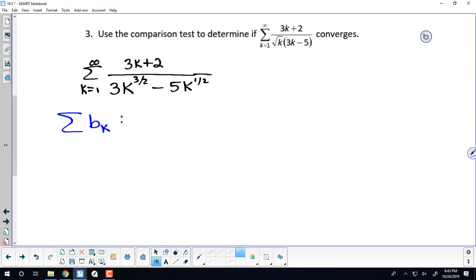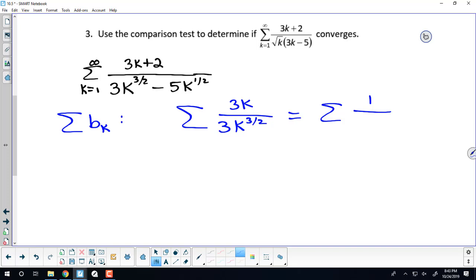So maybe initially we say, all right, I'm just going to look at the leading term over the leading term, which is the same thing as what? Would it be 1 over k to the 1/2?